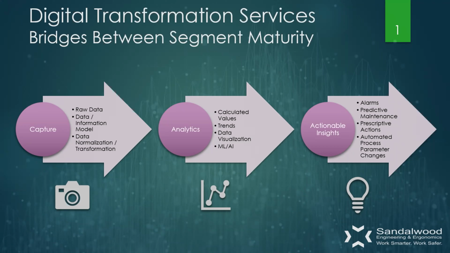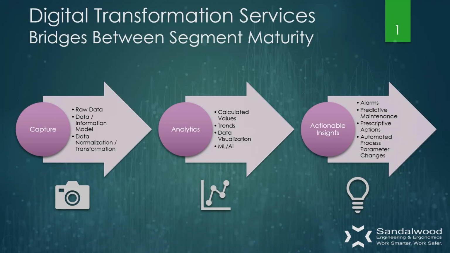So being able to gain access to that data. And then you also need a data or information model that you can map that data to and label it in a standardized way. And in some cases, you may have to normalize or transform that data to map it from PLC tags into a standard format.